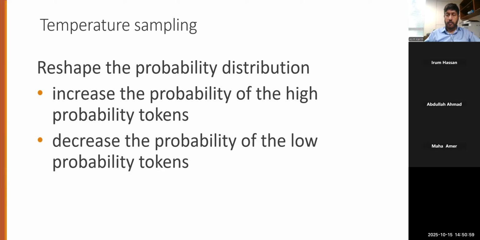So the idea is that we reshape the probability distribution. If the probability distribution is like this, we use a scalar parameter tau to reshape it. Using this tau, we can increase the probability of high probability tokens and decrease the probability of low probability tokens even further so that they don't get selected.